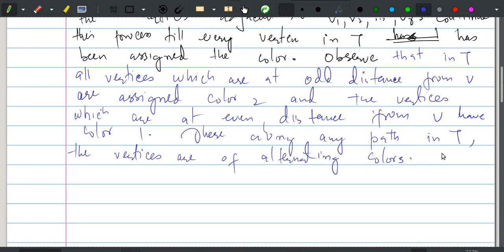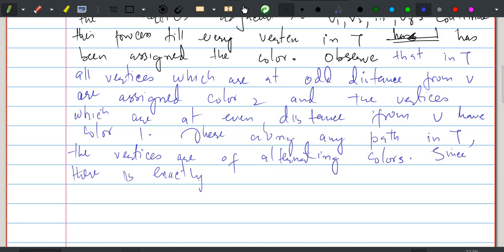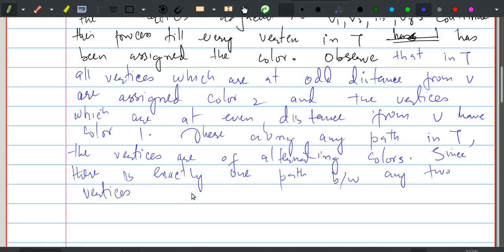So one can note here that since there is exactly one path between any two vertices of T, no two adjacent vertices have the same color.